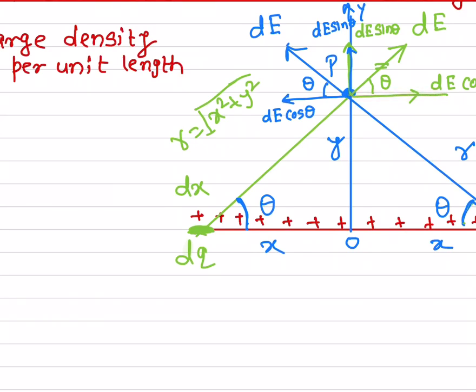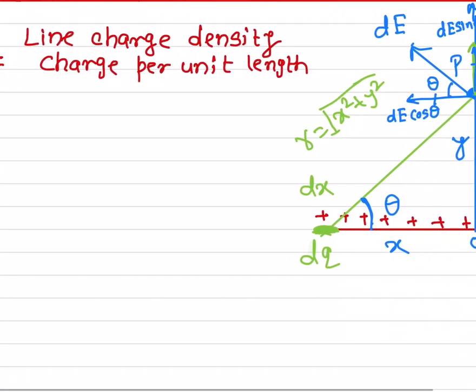So we have the two x components, dE cosine theta this way and dE cosine theta this way, and these two are equal in magnitude. So this component cancels out this component, and along the y-axis these two components add up together.